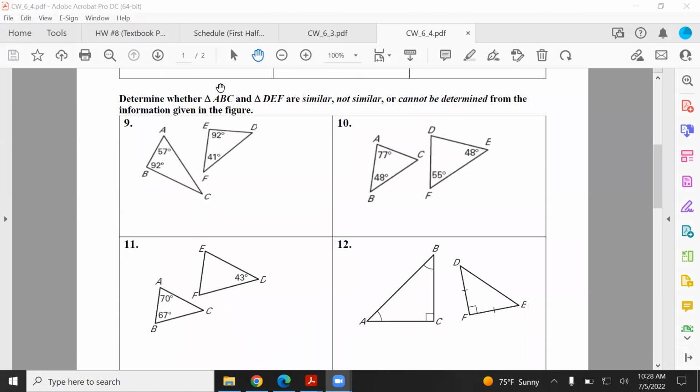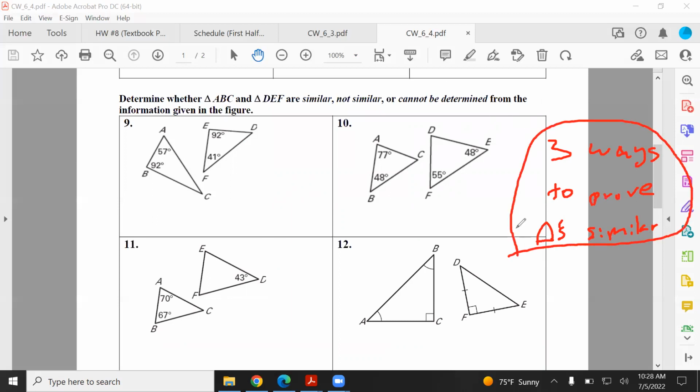Okay, so now this is what I meant to do earlier today. 3 ways to prove triangles are similar. Okay, 3 ways.